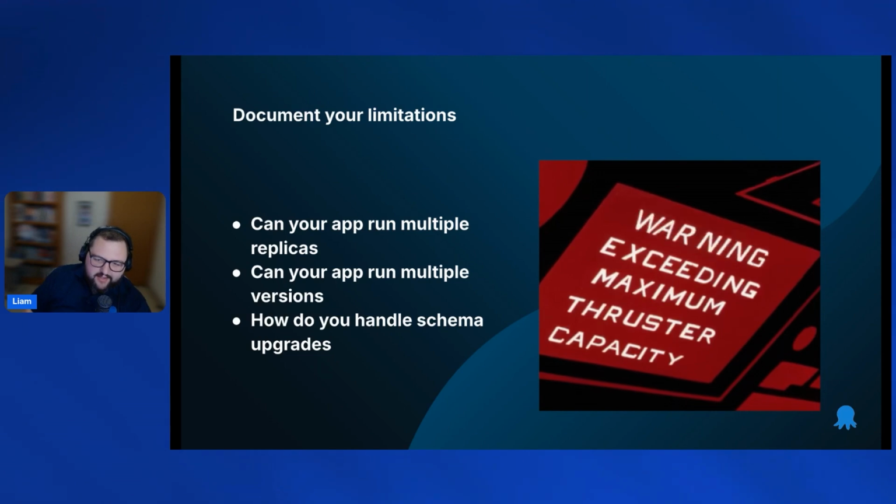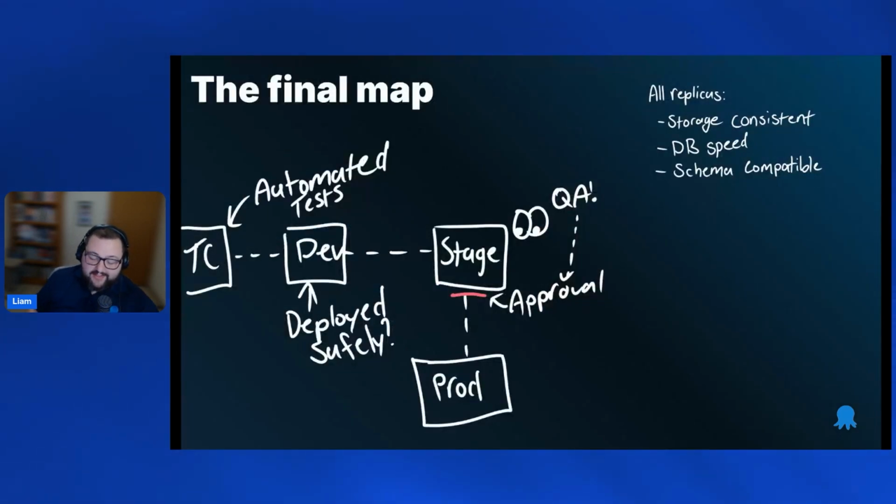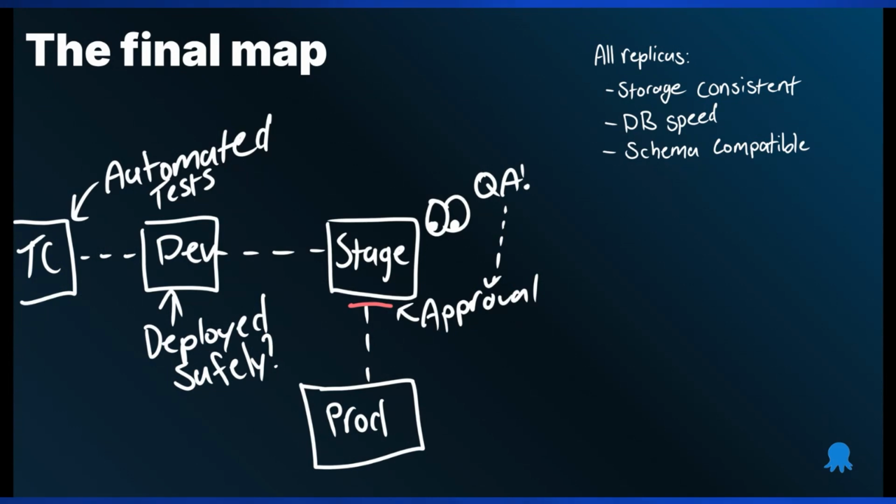Now, the final map for me, again, this is a real map that I made to explain what I needed to do in one of the applications I was building. So we had automated tests there in TeamCity. We had a dev, a staging, and a prod environment. We've got those sketchy eyes there saying that QA is going to look at the staging one and approve it before it goes to prod.